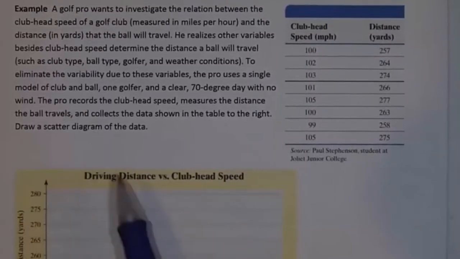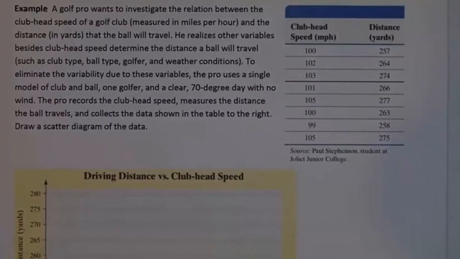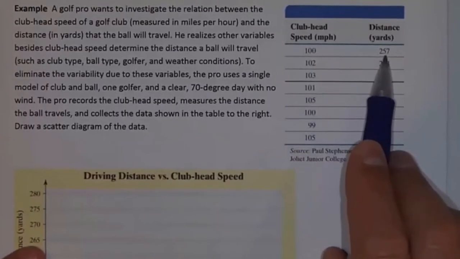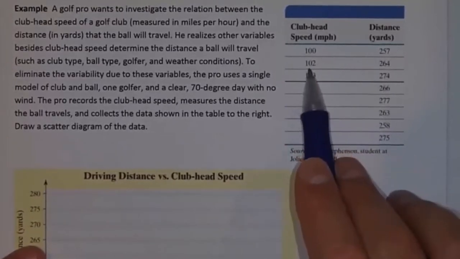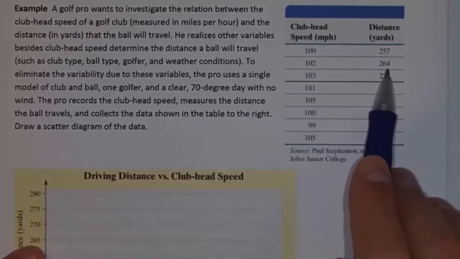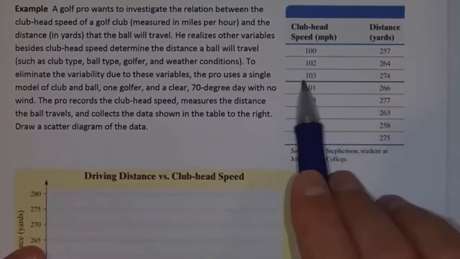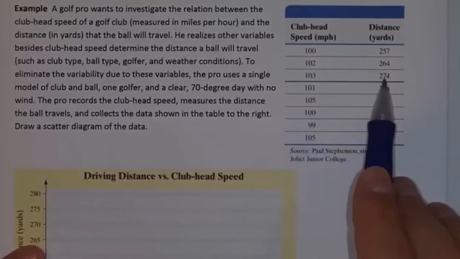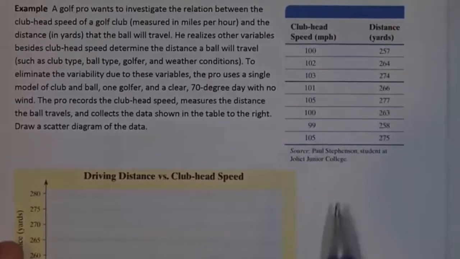Draw a scatter diagram of the data. So again, when the club was swung at 100 miles per hour, the ball traveled 257 yards. When the club was swung 102 miles per hour, the ball went 264 yards. When the club was swung 103 miles per hour, the ball traveled 274 yards, and so on.